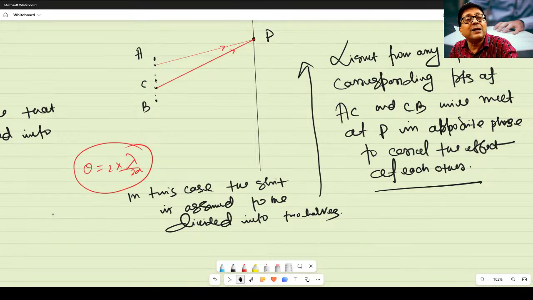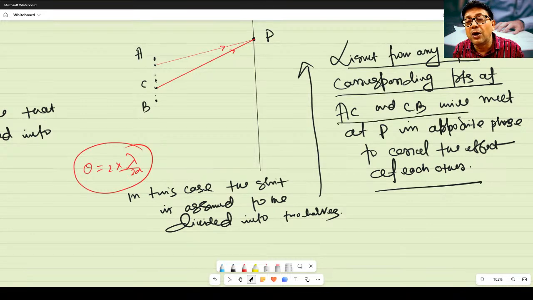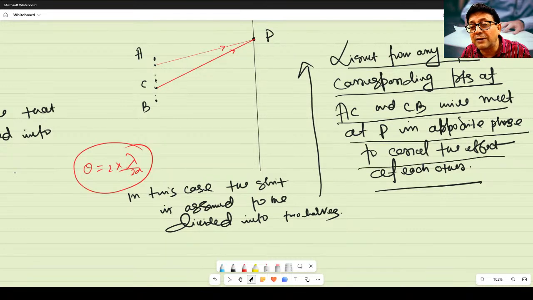Here one slit is there, but it is behaving like two slits. That's why so many lines are written. Light from any two corresponding points of AC and CB will meet at the point P in opposite phase to cancel the effect of each other. So a minima is formed.